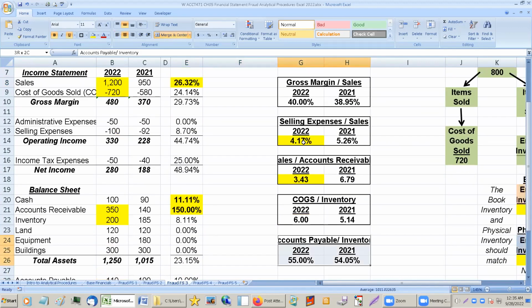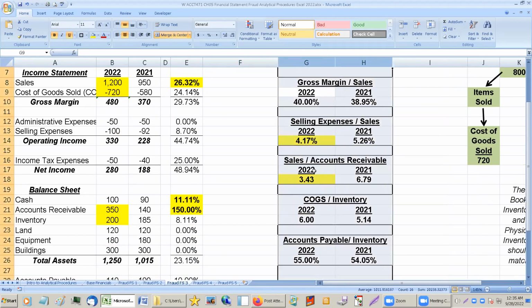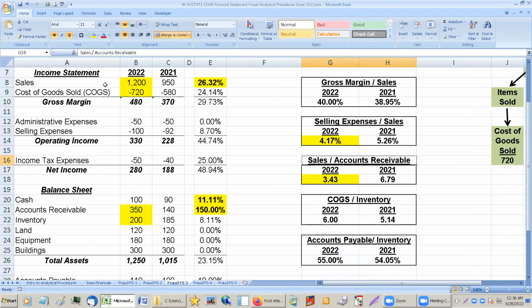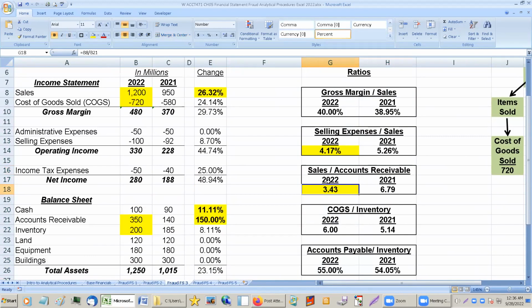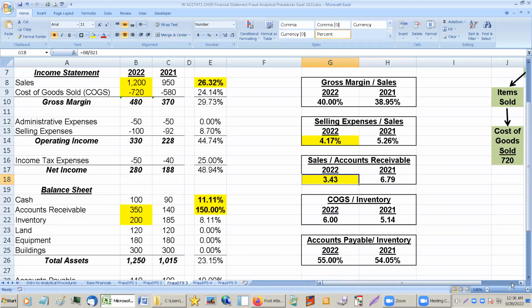Okay. So when it comes to these actual accounts here, because they're actually matching up the sales with the cost of goods sold, it's not too out of whack. But you still have this sales to accounts receivable problem. It's going to show you up. Now here's where you're really going to find it, though.